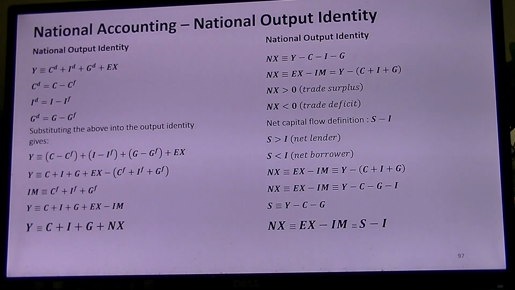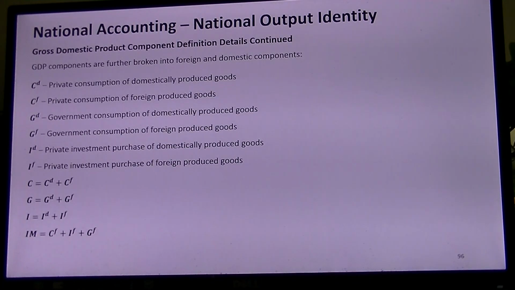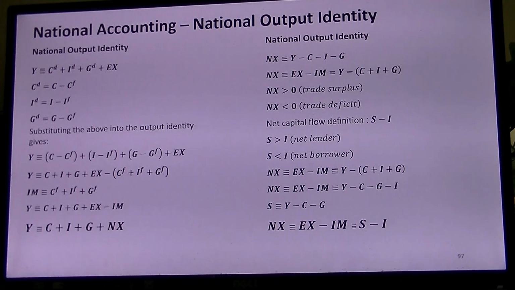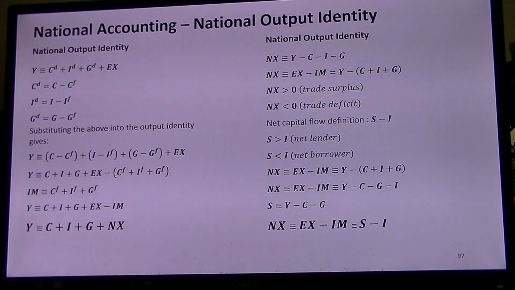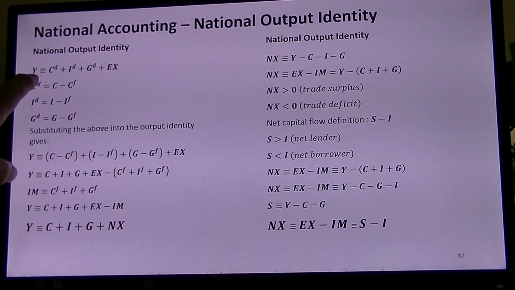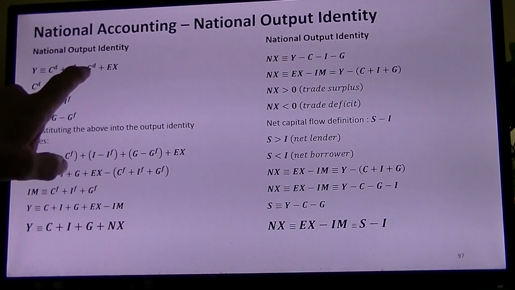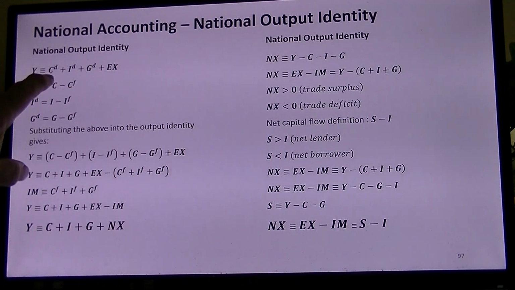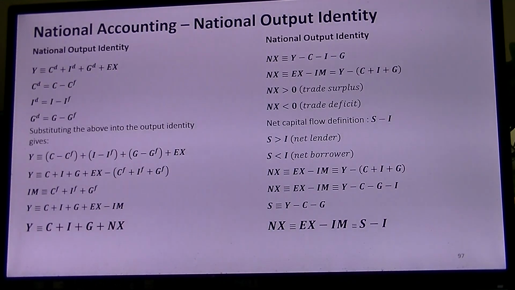Then Y equals... if we take these definitions, then we can play around with them. If you use just algebra, because you can use algebra in an identity, we can redefine the GDP as domestic consumption plus exports.